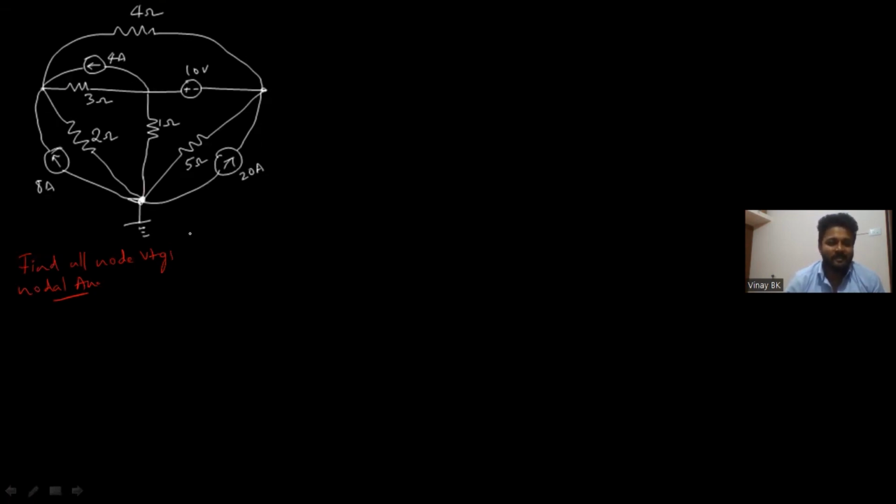So now I'll mark the reference. I'm marking V1 here, V2 here, and V3 here. So there is a supernode, a voltage of 10 volts between the nodes V2 and V3. So that's the supernode, V2 and V3.